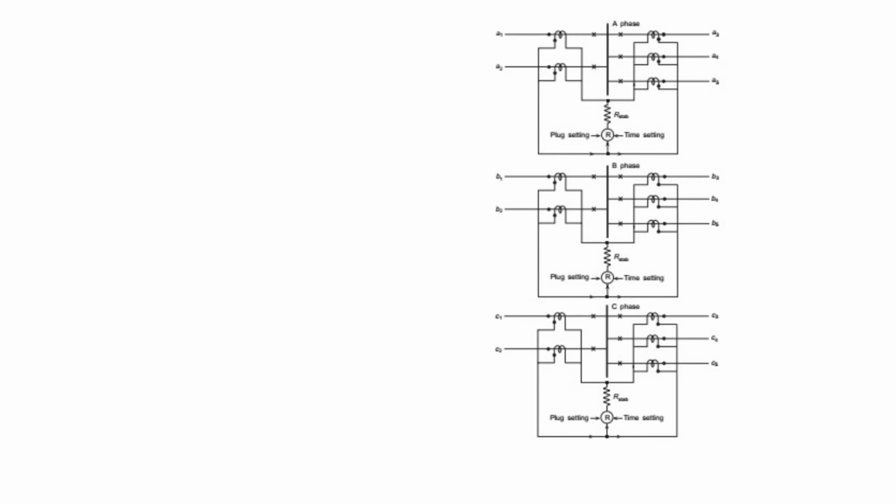Since R stabilizing is used here, this type of protection is known as high impedance three phase bus bar differential protection.